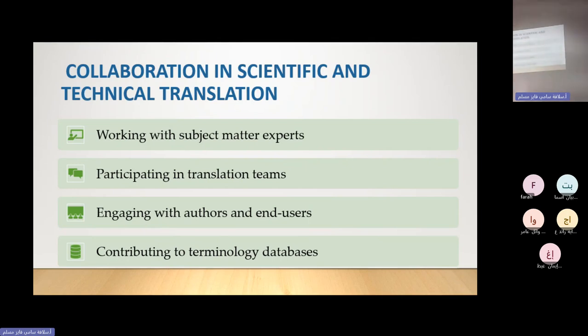Working with subject matter experts, participating in translation teams, engaging with authors and end users. Who are the end users? The audience, your clients. Contributing to terminology databases. Any new words that appear need people to translate them. They work together to translate these words so they are accepted globally as correct specialized translations. So collaboration is very important within the translation world.